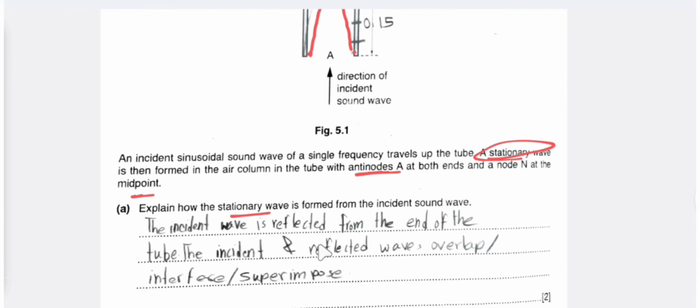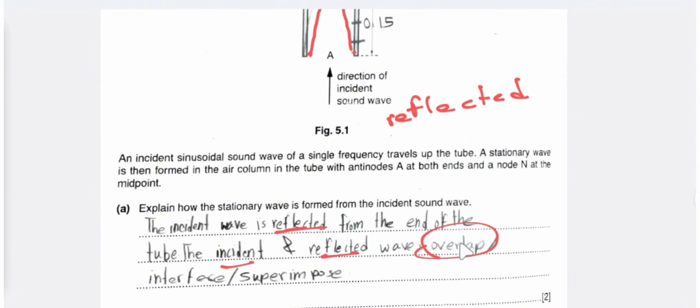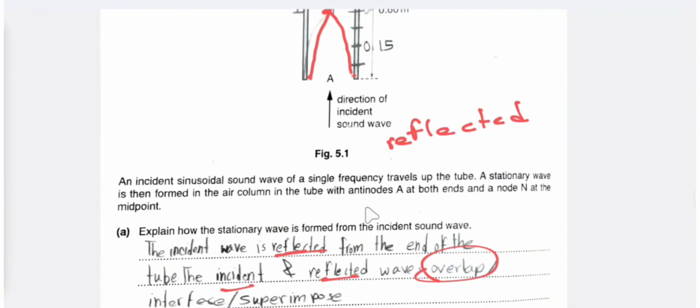Then the incident wave and the reflected wave overlap, interfere or superimpose to form the stationary wave.